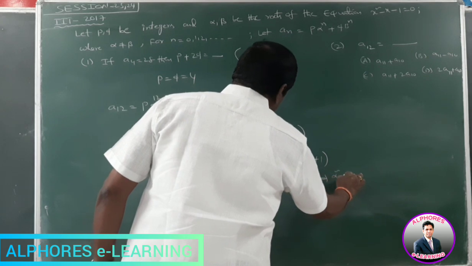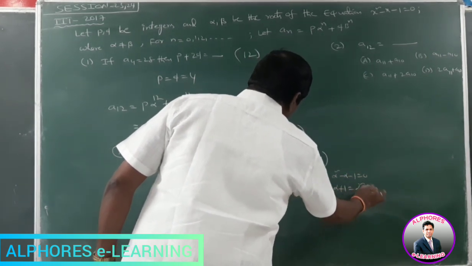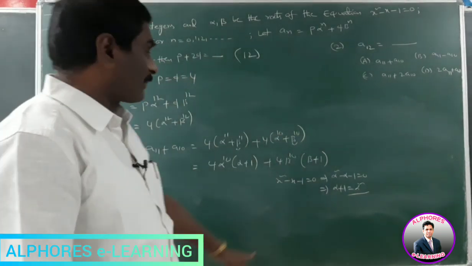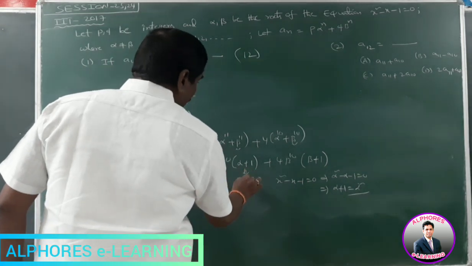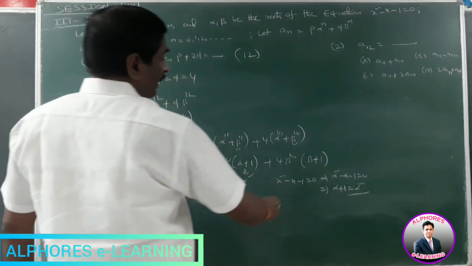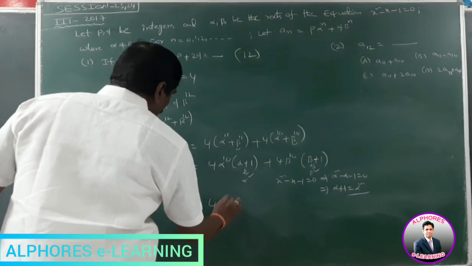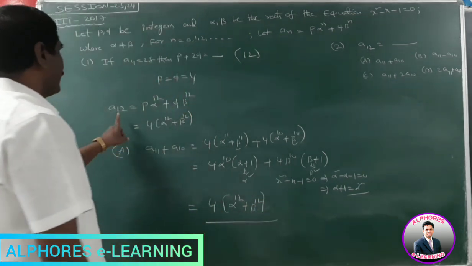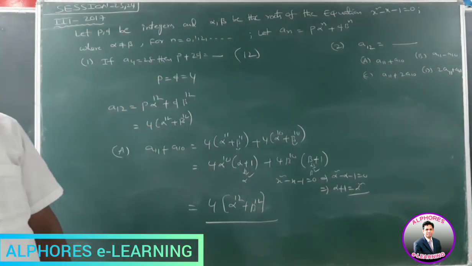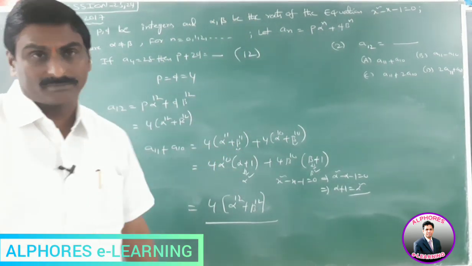That means alpha square minus alpha minus 1 is equal to 0. That implies alpha plus 1 is equal to alpha square. Similarly, beta plus 1 is equal to beta square. Substitute the value of alpha plus 1 as alpha square, and beta plus 1 as beta square. That means 4 of alpha power 12 plus beta power 12. It is nothing but A12. So, first one is the correct answer. If it fails, we go to second, third, so on. Okay.